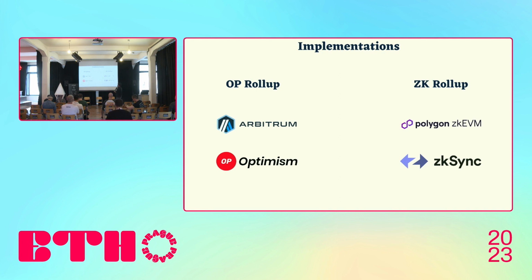Polygon ZK EVM recently came up, and it's fully Ethereum compatible, so all the smart contracts which we have on Ethereum can be run on that particular chain as well, with few or no anomalies. And then ZK Sync is working on their Ethereum compatible chain as well, which is ZK Sync Era.